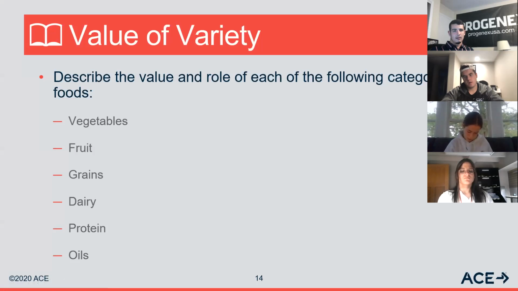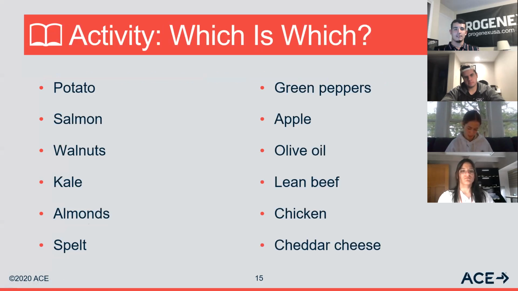All right. So it talks about the value of variety. They're really trying to get out the idea that like you should eat a little bit of everything. Get some different colors on your plate: vegetables, fruits, grains, dairy, protein, and oils. So being able to kind of figure out what each one does and what categories it falls into. Let's do a little activity.